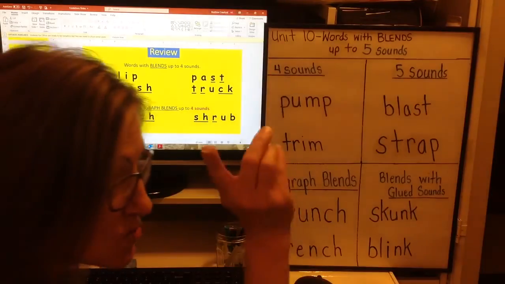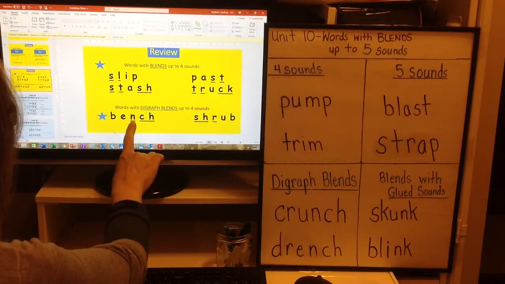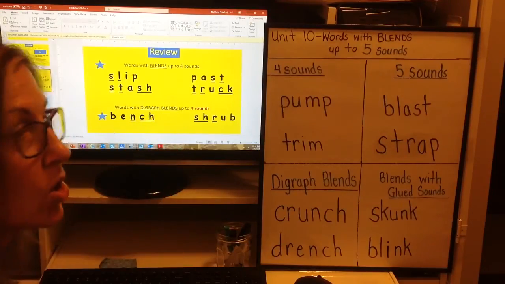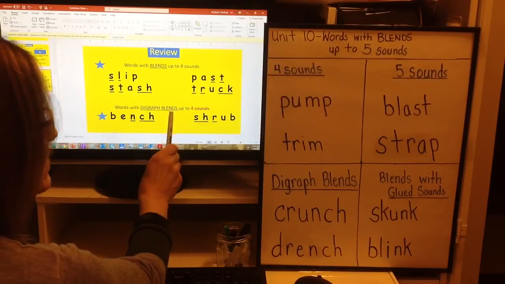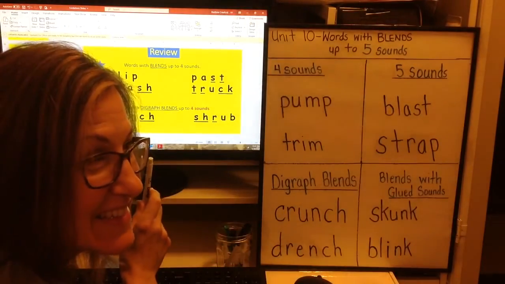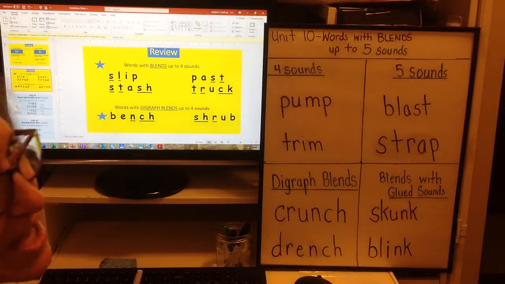That CH makes 1 sound. But if you notice, when we attach the N to the CH, it makes what we call a digraph blend. Inch. Can you say that? Inch. Very good. All right, let's have you tap it out now, okay?